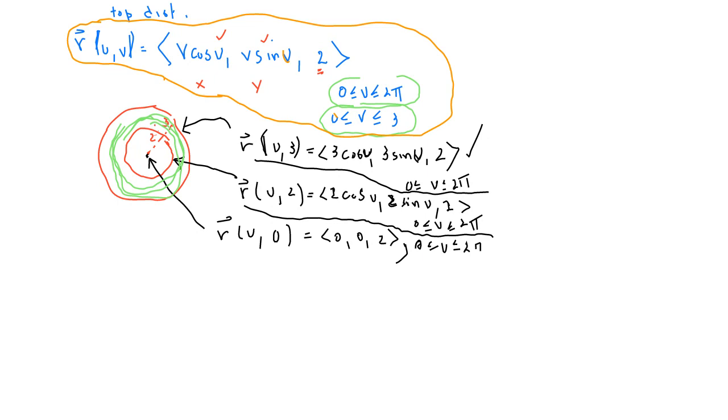Okay, does that help you see why that parameterization makes sense? Maybe give me a thumbs up if this was helpful for the top disk there.